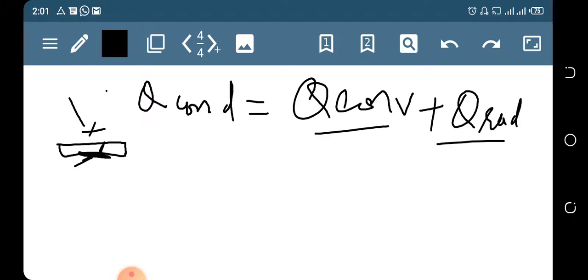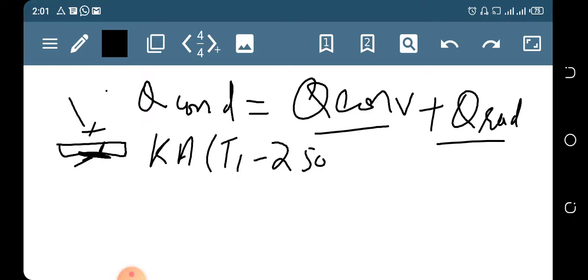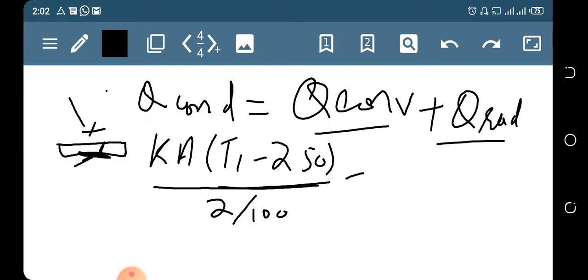So you can apply the formula to determine the lower surface temperature: K A (T1 minus 250), where T1 is what we need to determine and 250 is the outer surface temperature, divided by the thickness of 2 centimeters, so 2 divided by 100. I'm just writing the value directly, but on paper you have to write the formula first and then the values.